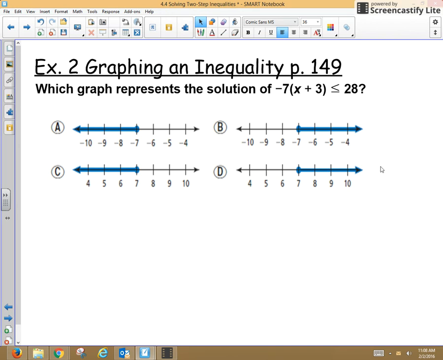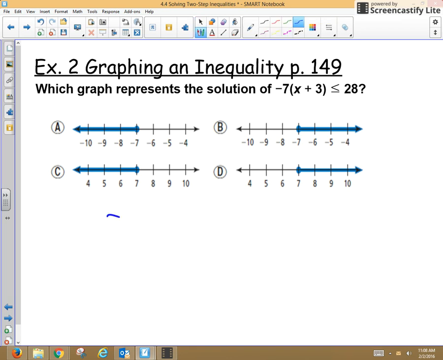Okay, now example 2. Graphing an inequality on page 149. It says, which graph represents the solution of negative 7 times x plus 3 is less than or equal to 28. So in order to know which graph represents the solution, I need to solve this inequality first.